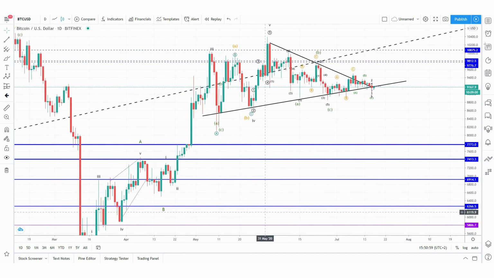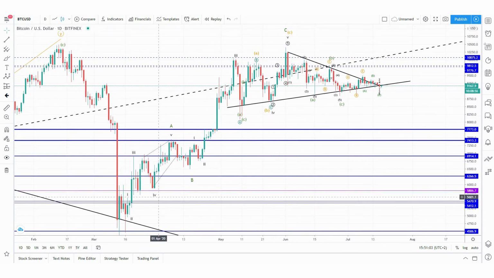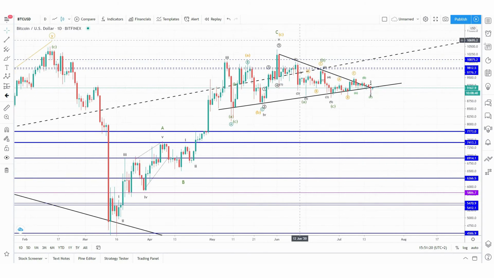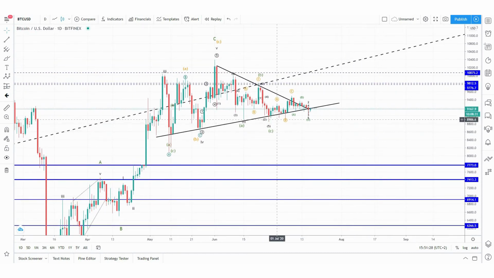is because I have been anticipating that this increase from the 15th of March is a three-wave one, which ended on the 1st of June when the yearly high was made. Well, not the yearly high, but this most recent high was made, and then from there we have seen the start of an impulsive decrease to the downside.